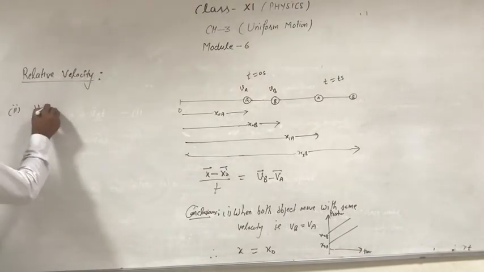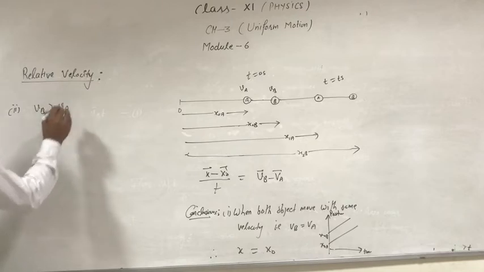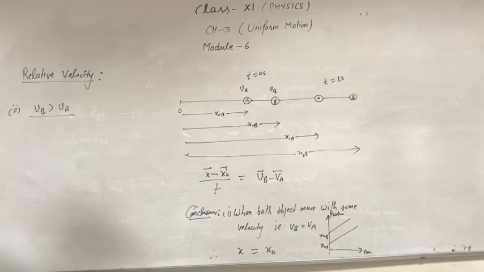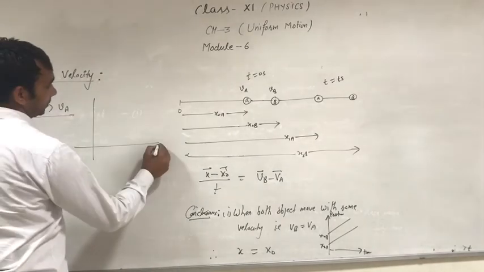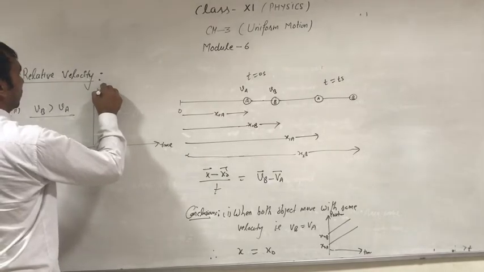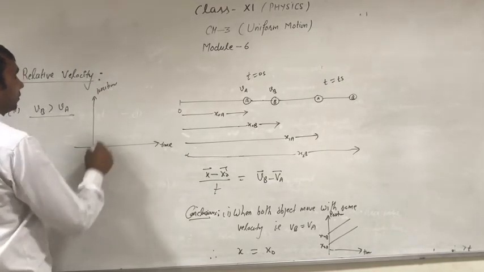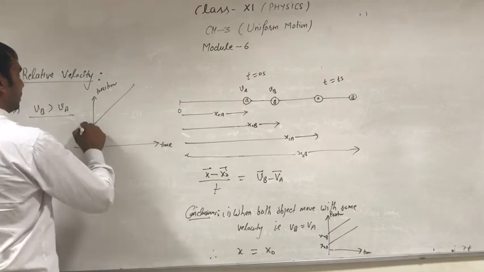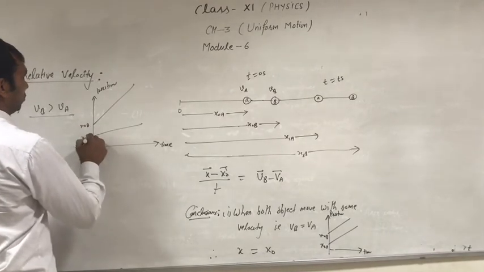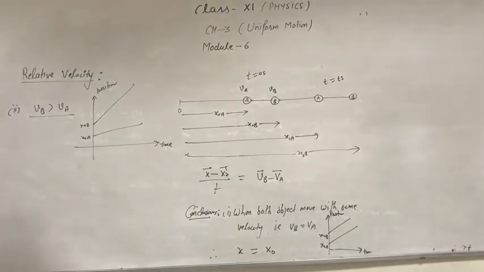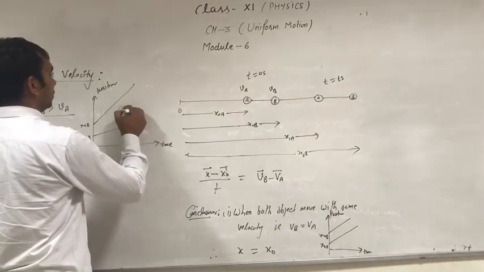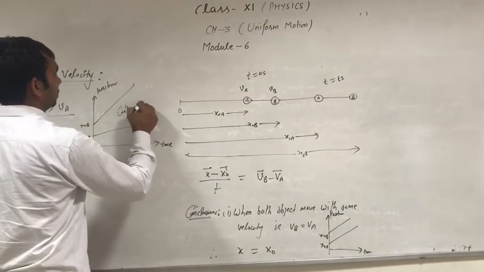Second case: VB greater than V. If VB is greater than V, then on the graph of time and position, x0b and x0a can't approach each other.